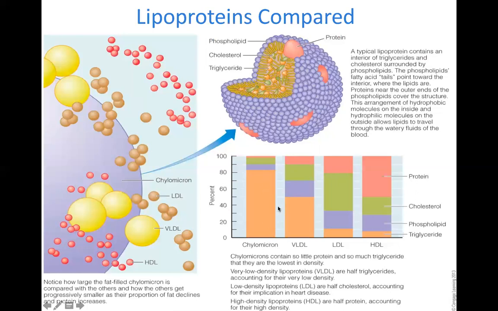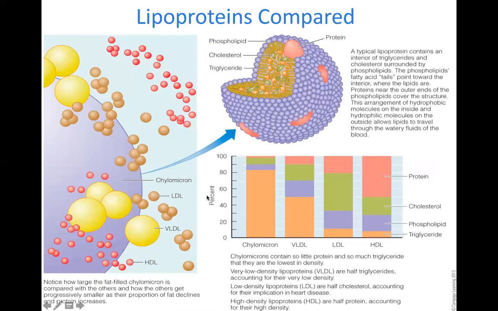Triglyceride is represented by orange, and so chylomicrons contain the most triglycerides and the least amount of protein. Because they have the most triglycerides and the least amount of protein, they're not very dense. Protein increases density, and fat or triglycerides do not.